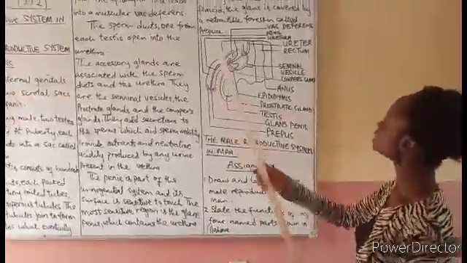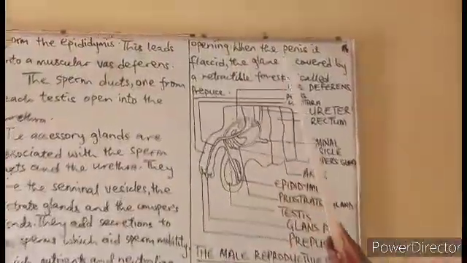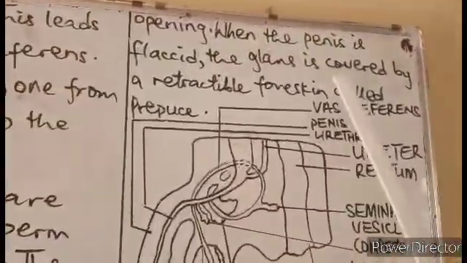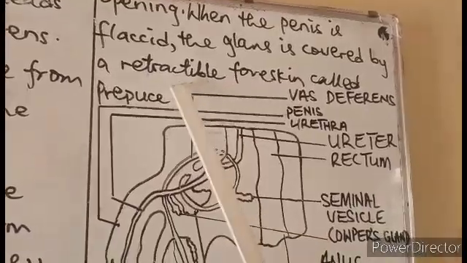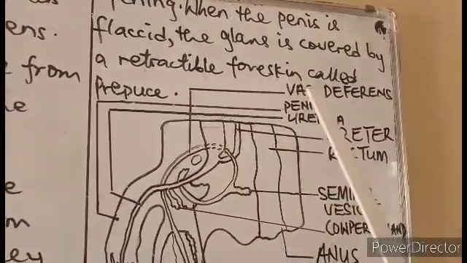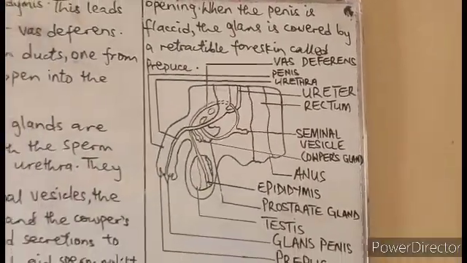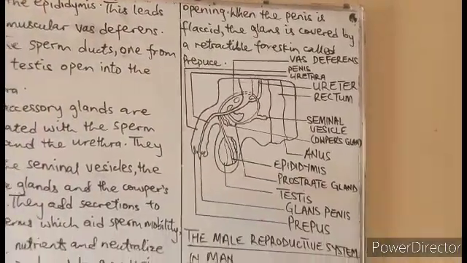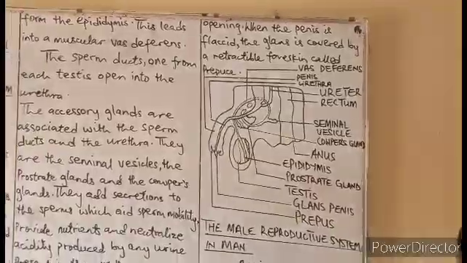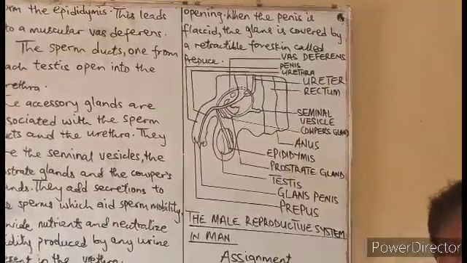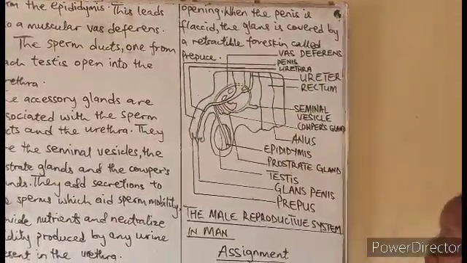So we say it is flaccid. When the penis is flaccid, the glans is covered by a retractable foreskin called the prepuce. This foreskin is that portion of the penis that is usually removed surgically after birth.